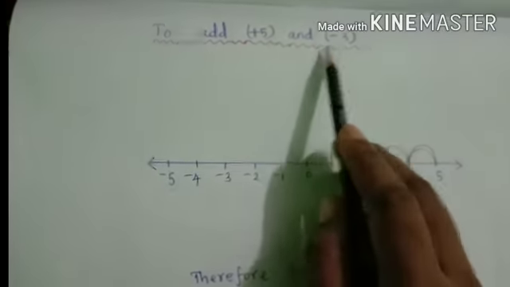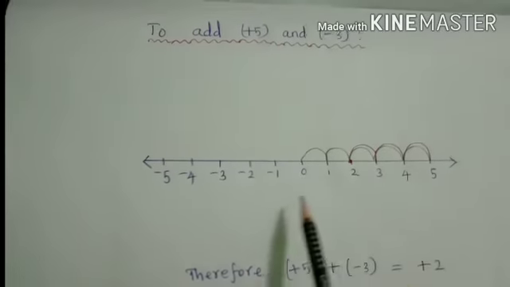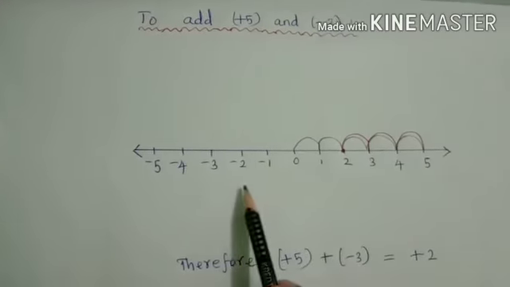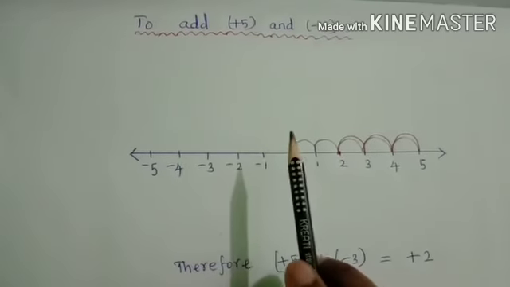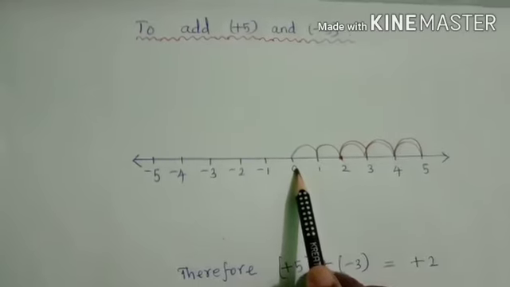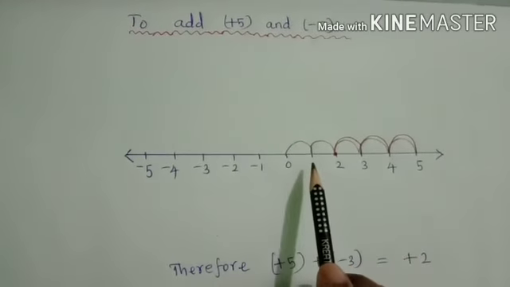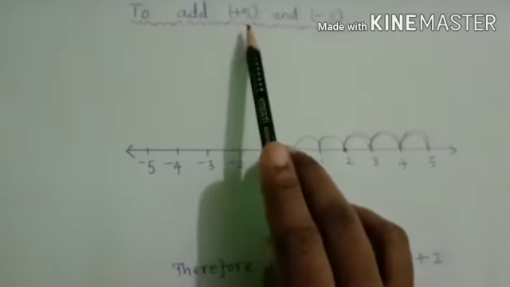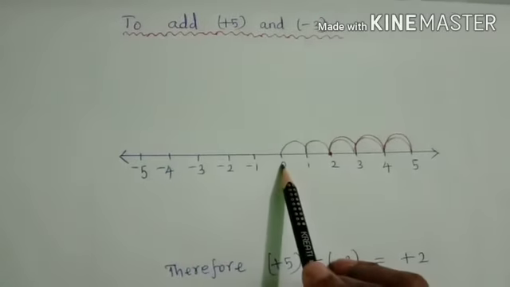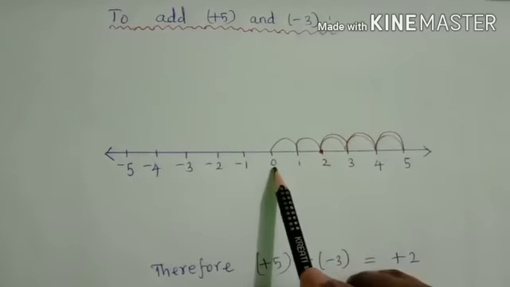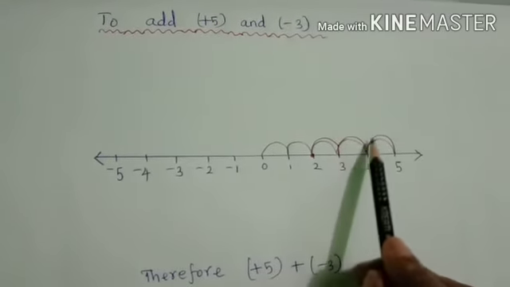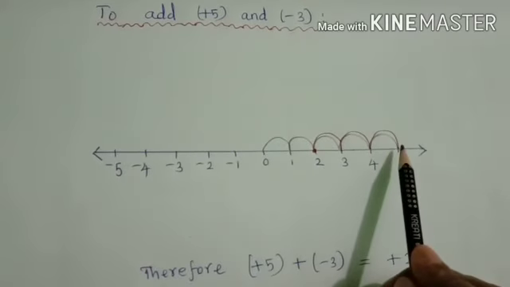To add +5 and -3, first draw a number line and mark 0, positive integers, negative integers corresponding to the given values. First we start at 0, facing the positive direction. Here the first operand is +5, which is a positive integer. So we have to move 5 steps forward from 0. That is 1, 2, 3, 4, 5 to represent +5.